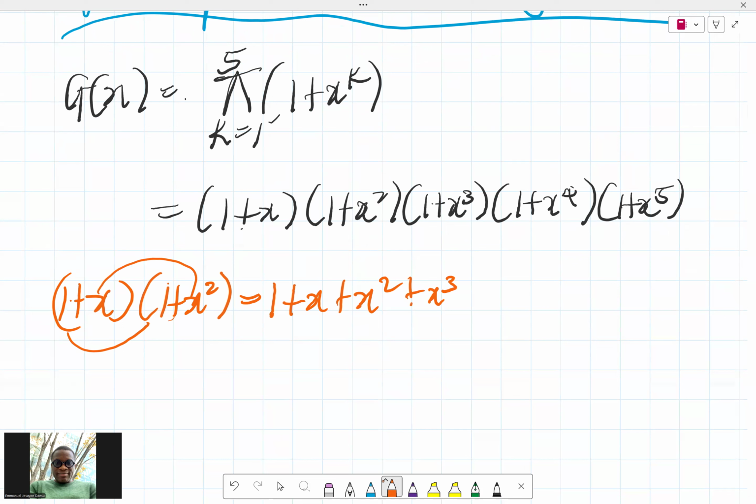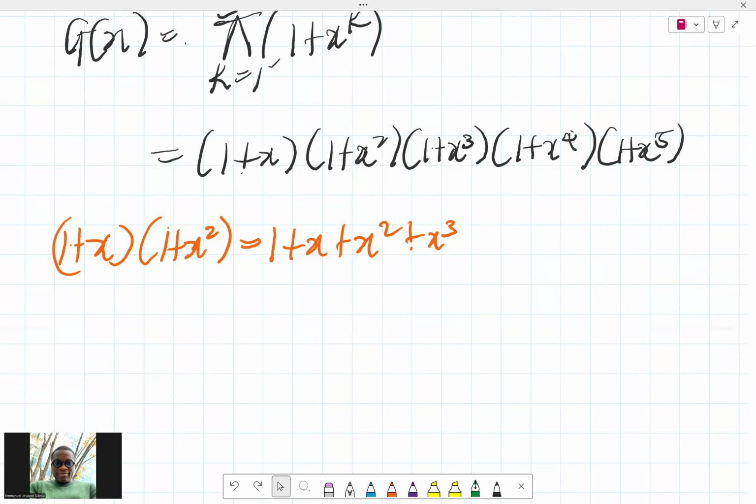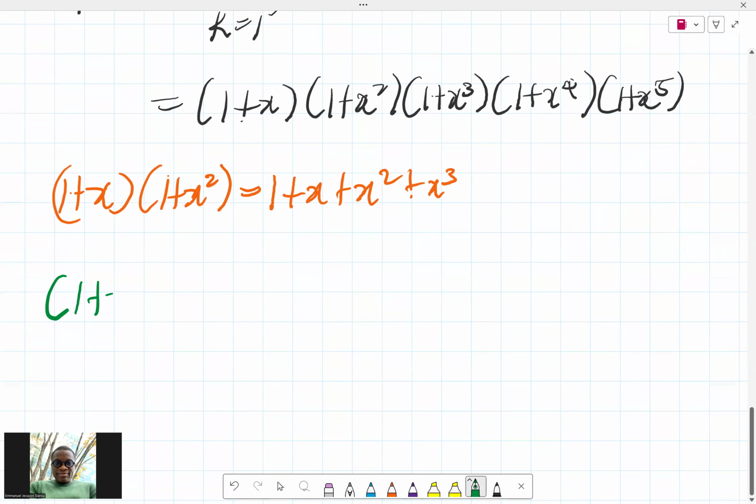Then x times 1 in between, and then 1 times x squared. That's how that works. The next thing we do is multiply what we have now by 1 plus x raised to power 4. So we can go for that. Now we have 1 plus x into 1 plus x squared into 1 plus x cubed.